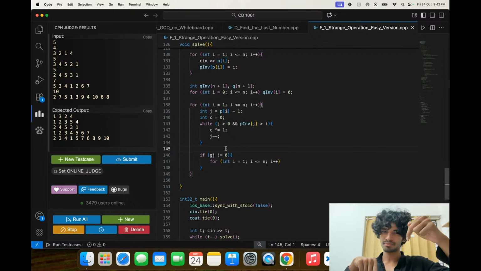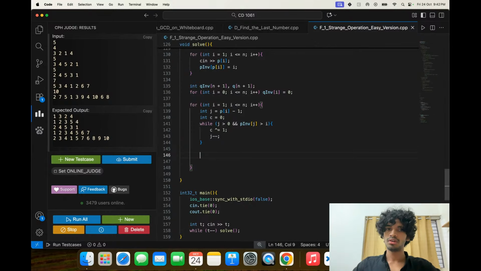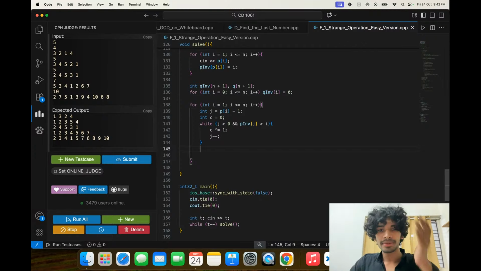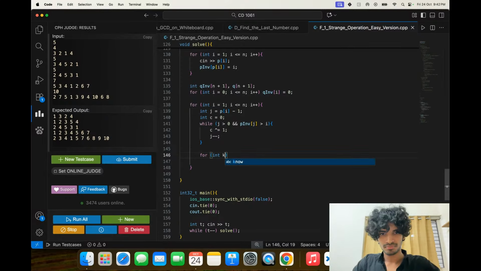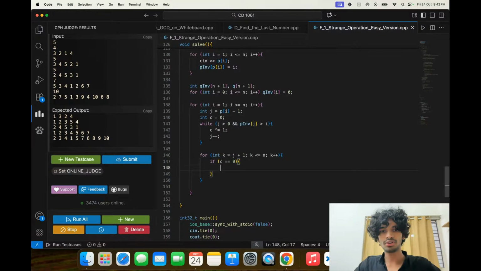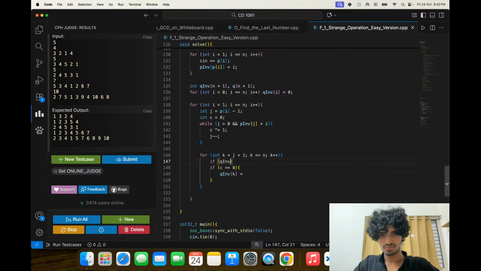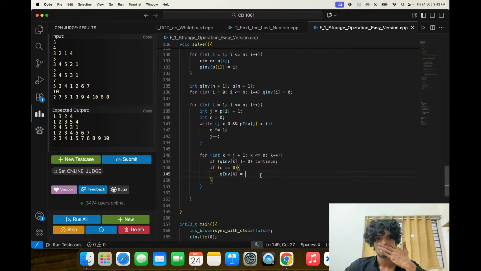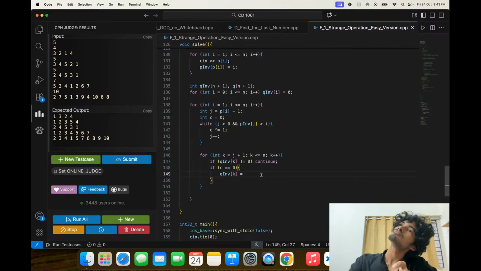Okay, so now from j plus 1, it's cth 0. Okay, if c equals 0, q inverse of k equals, I'm messing it up.